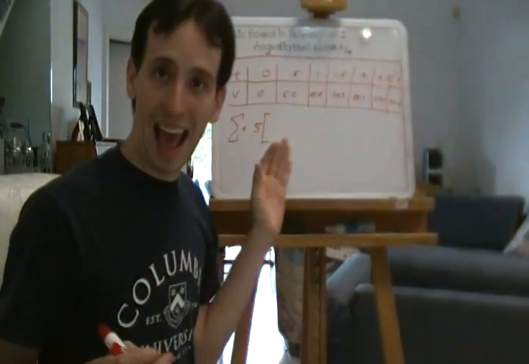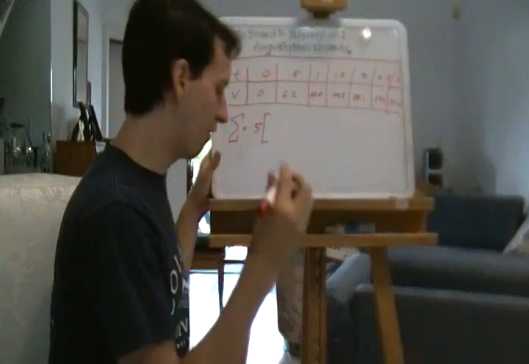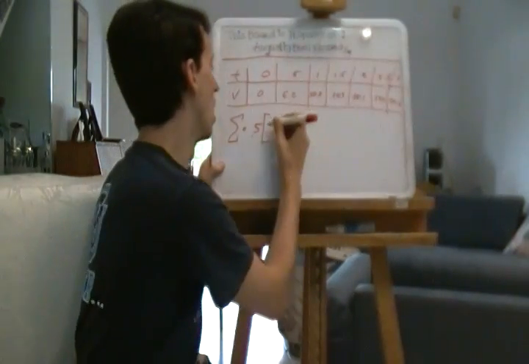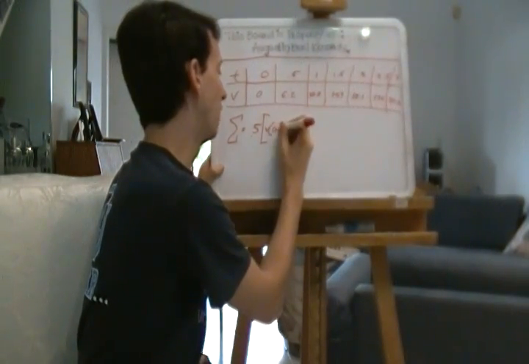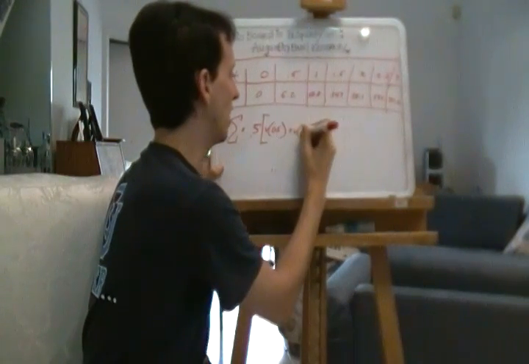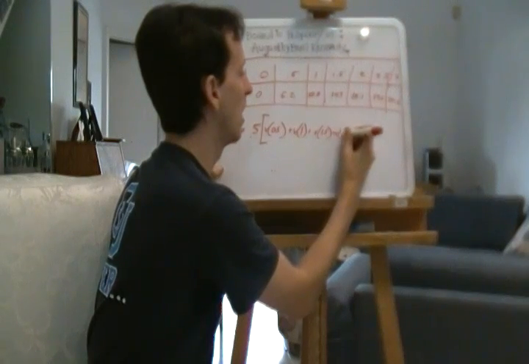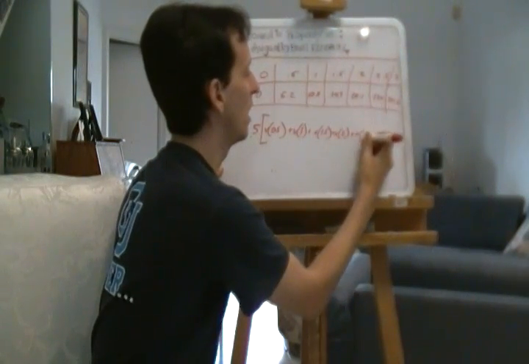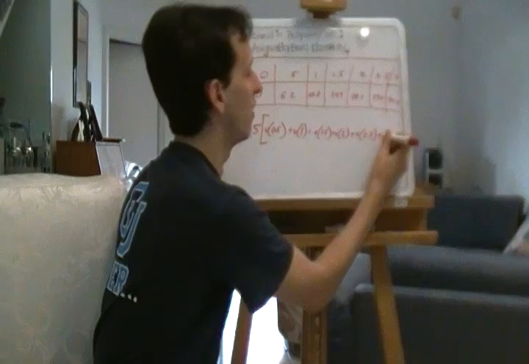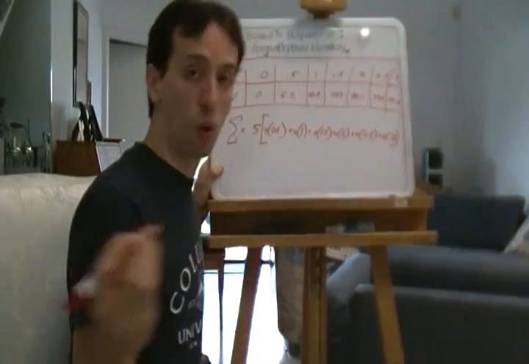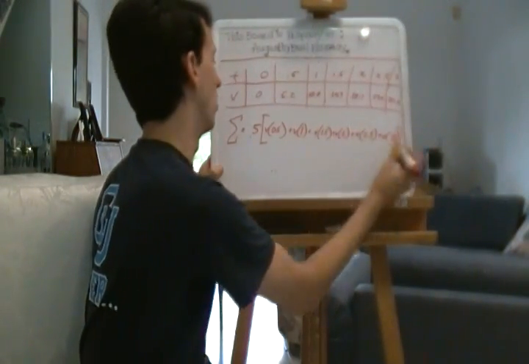I'm going to multiply that 0.5 times the sum of v at a half second, plus v at a second, plus v at 1.5 seconds, plus v at 2, plus v at 2.5, plus v at 3. But I know what those values are.